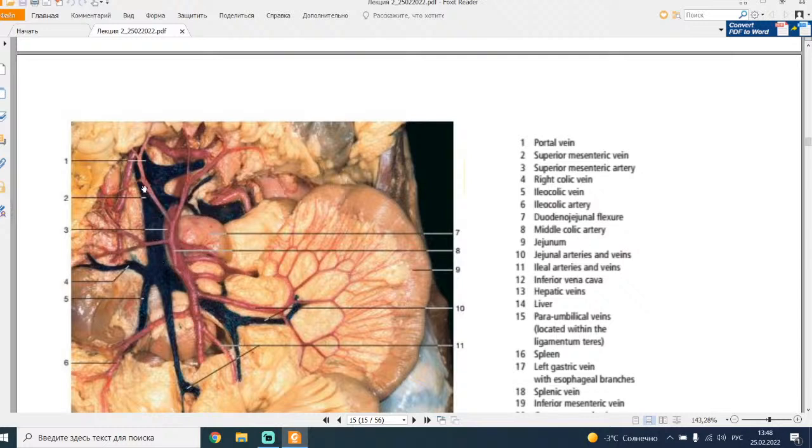For example, portal vein, superior mesenteric vein. This is artery, superior mesenteric artery. Superior mesenteric vein. Superior mesenteric artery. Accompanying vein, artery.